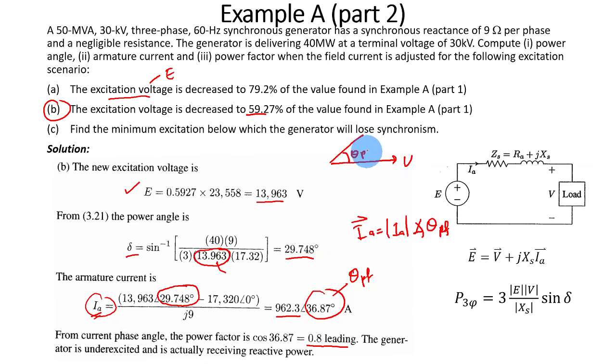Theta power factor is positive 36.87 degrees, so the I is in this direction on the complex plane of the phasor diagram. So definitely this is a leading power factor situation. All right, that answers part B.